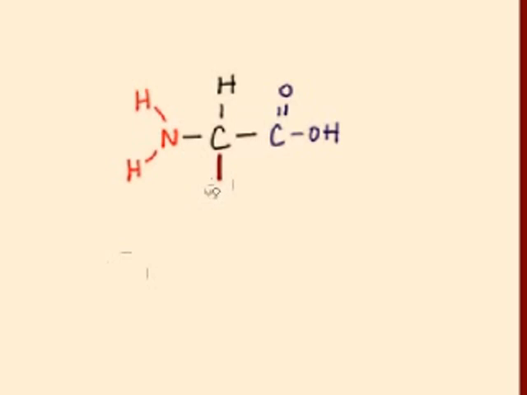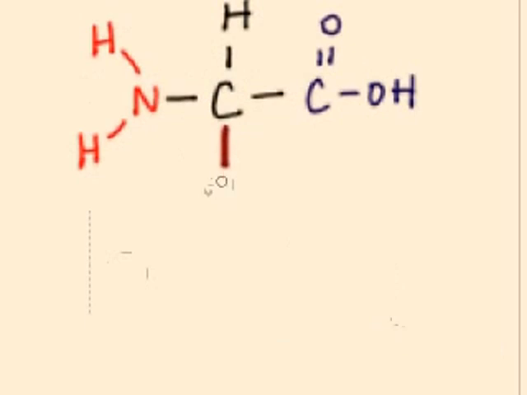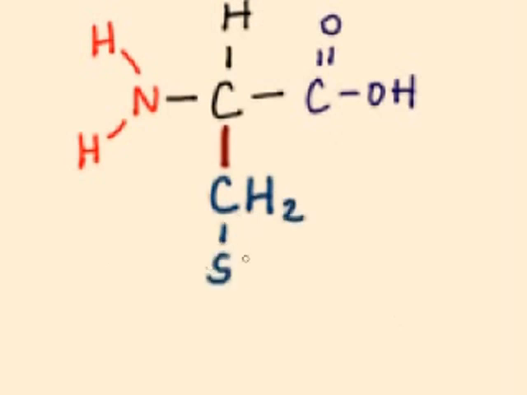I'm just going to show you that some of them can be complex and some of them don't have to be. Let's make it a bluish color. And so let's have CH2SH. That's going to be our side chain. So this replaced the R. And so this amino acid is cysteine.